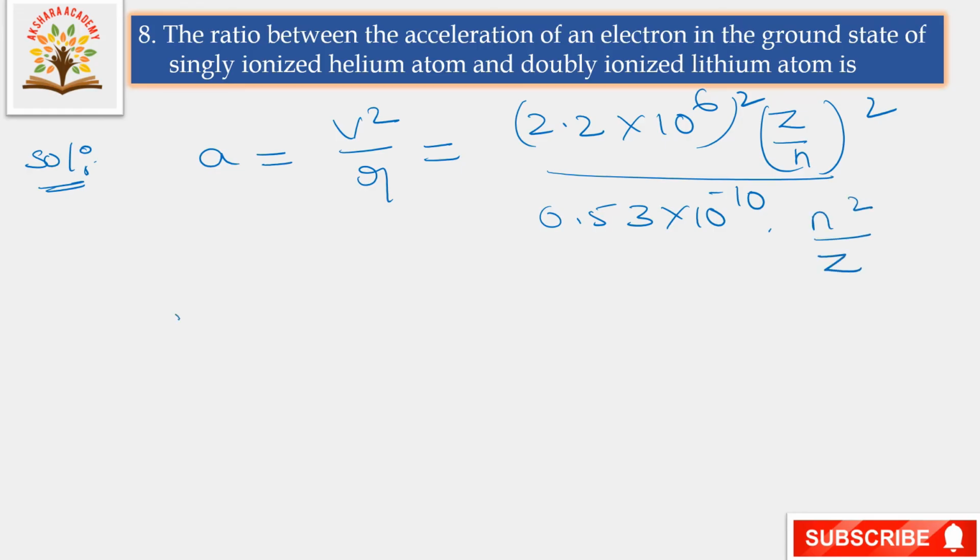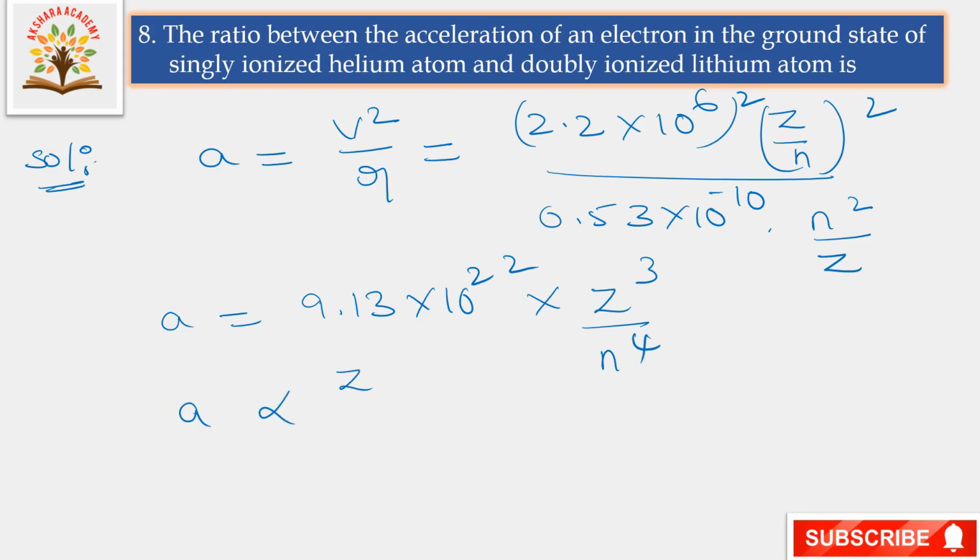So from this A is equal to, after division we are getting 9.13 into 10 to the power of 22 into z cube by n power 4. So A is proportional to z cube and inversely proportional to n to the power of 4. So from this, acceleration A is directly proportional to z cube, where n is constant.